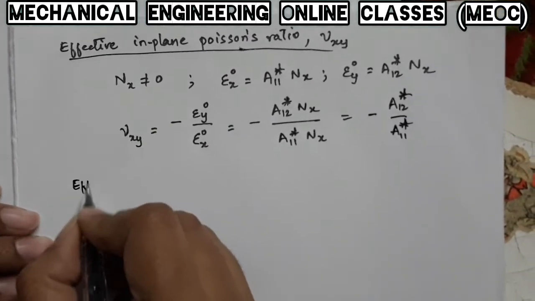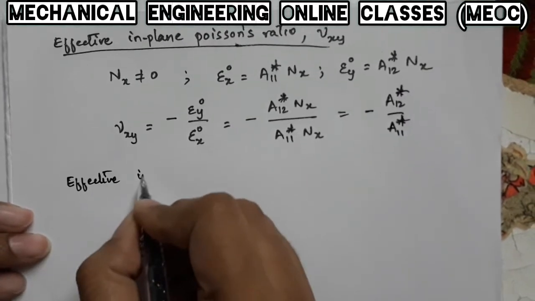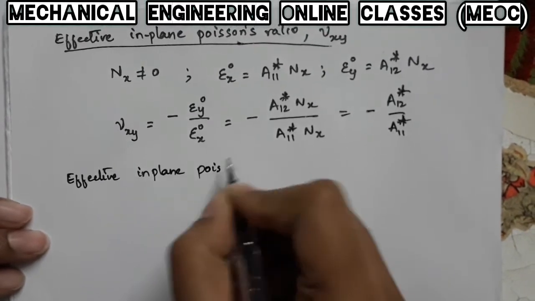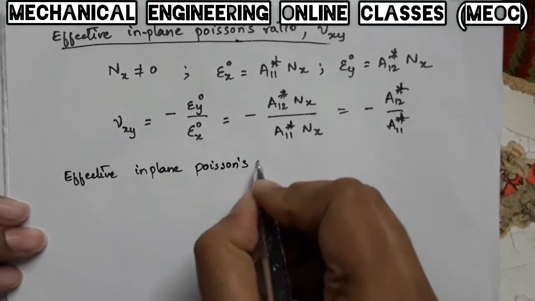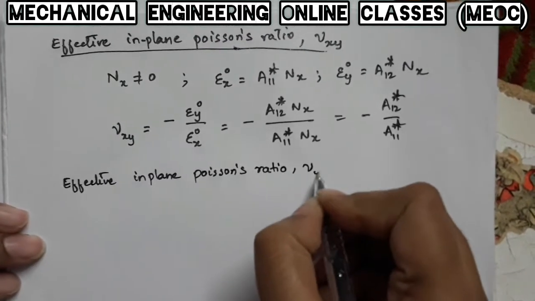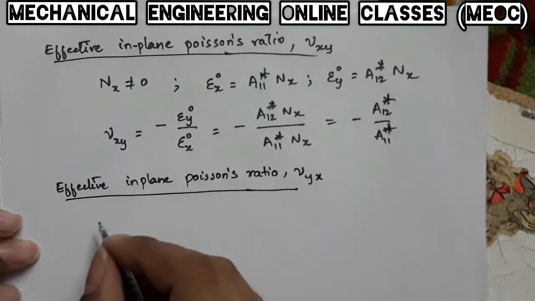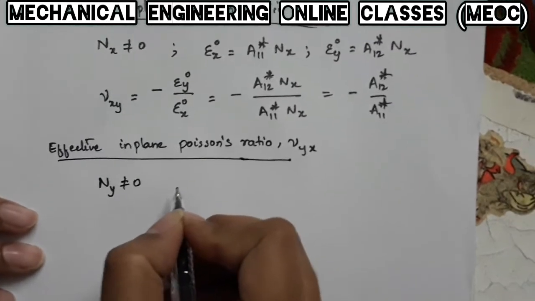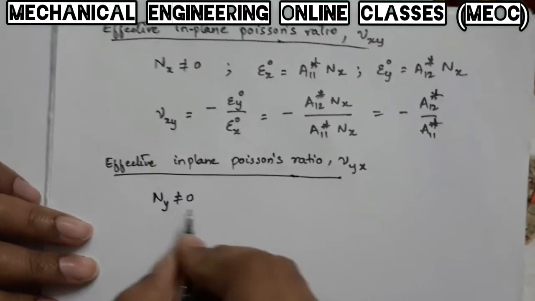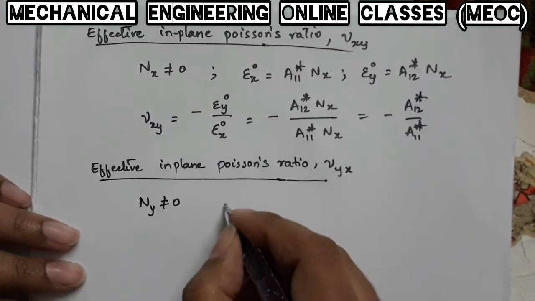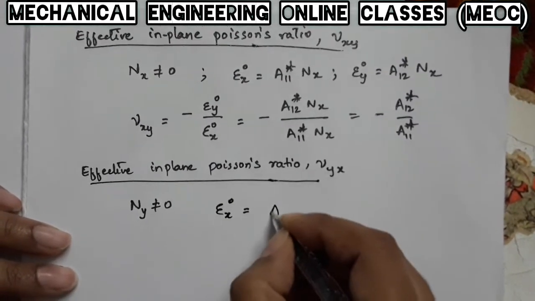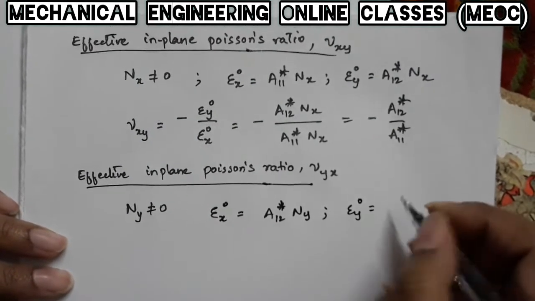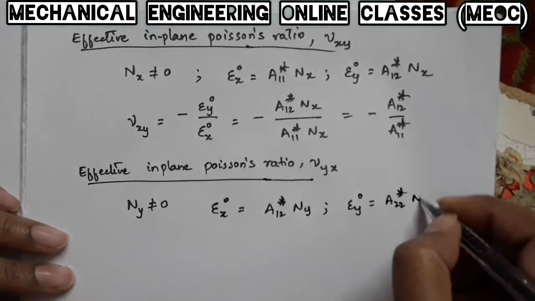Similarly, we will also find out the effective in-plane Poisson's ratio nu yx. So for this I am applying the load ny not equal to 0 and all other loads equal to 0. So when I apply this load, I will get epsilon x naught as A12 star ny and epsilon y naught as A22 star into ny.